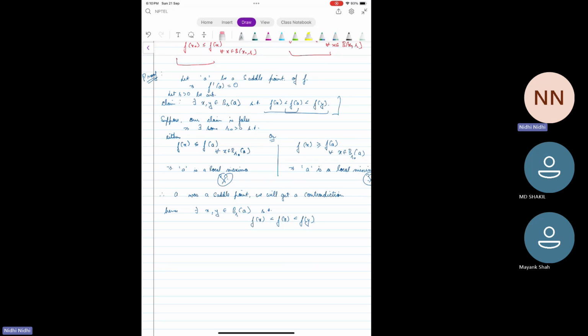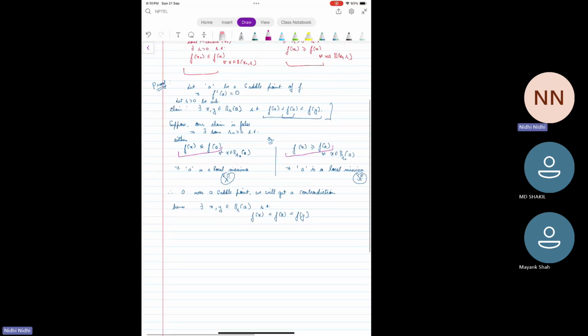That means in some neighborhood of A, only one-sided inequality will hold, so we can find some real number R naught positive such that in the ball B(R naught, A), we get either less than or equal to, or greater than or equal to, everywhere. In both cases, we get a contradiction because our point is a saddle point. Okay, so this was clear enough.